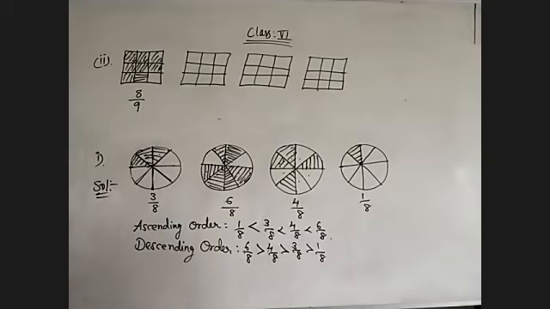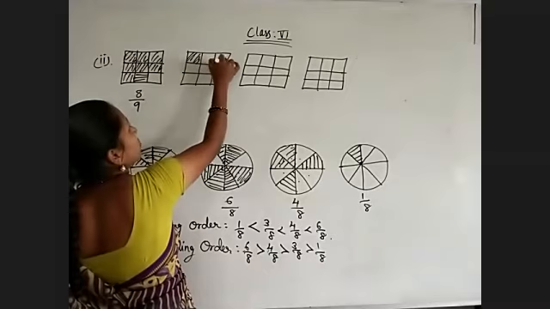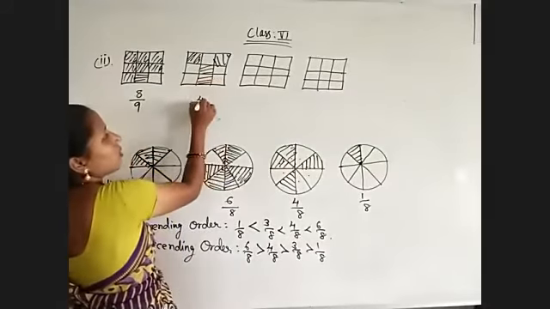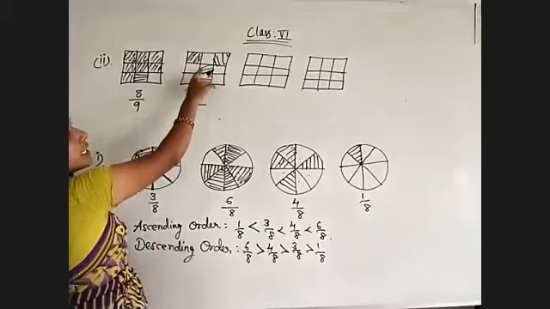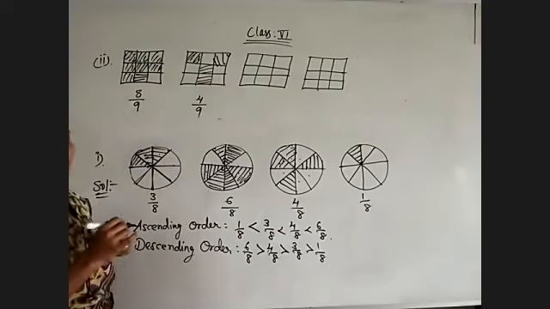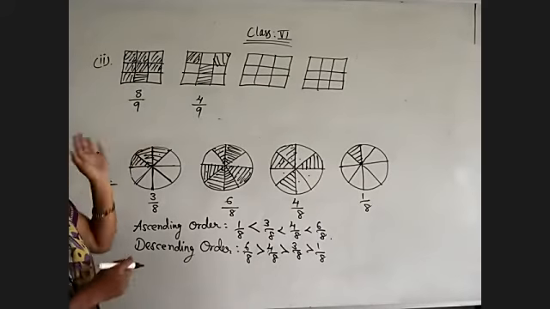And next they have shaded 1, 2, 3, 4. So 4 shaded out of 9: 5, 6, 7, 8, 9. Only 4 shaded. How many are remaining? 5. So 5 are unshaded. Next.